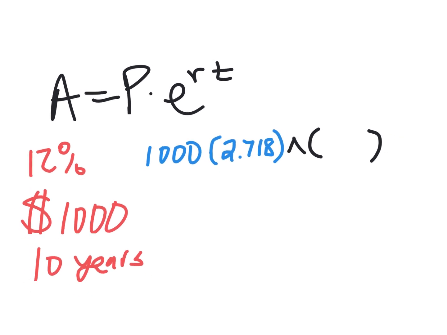If you find yours is wrong compared to your neighbor's, I would recommend that you put your power here in parentheses, because depending on the calculator you use, you might have to have that. Did you use 0.12? I hope so.